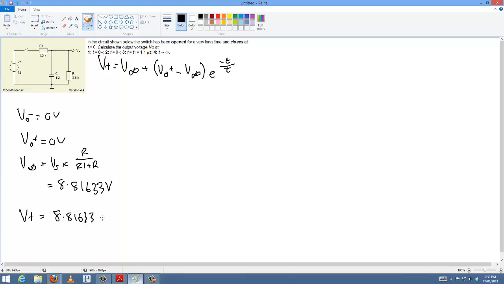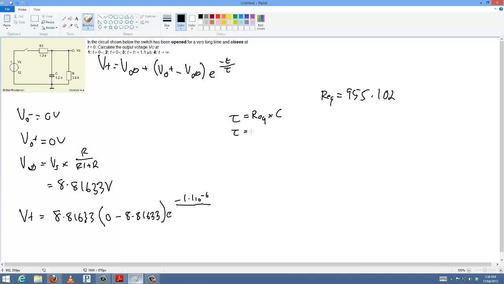Now VT equals 8.81633 plus 0 minus 8.81633 times e to the negative 1.1 times 10 to the negative 6 over tau. Let's calculate our tau equals R equivalent times C. R equivalent equals 600 times 1300 divided by 4900, because they're both in parallel, which is 955.102.